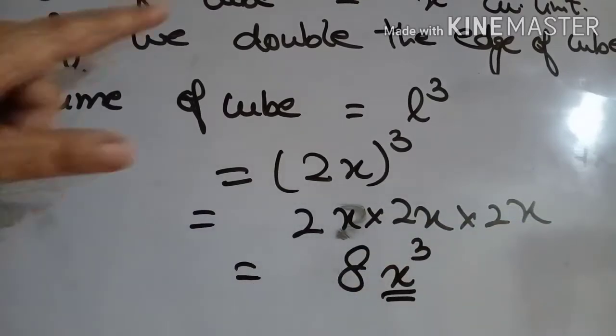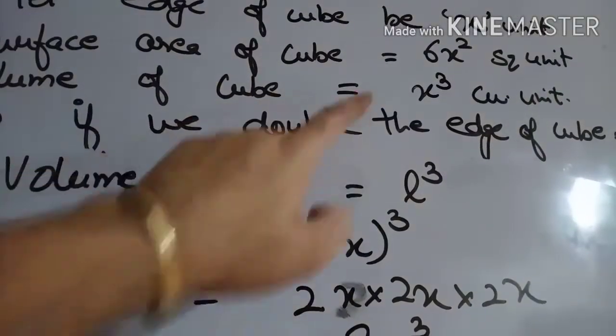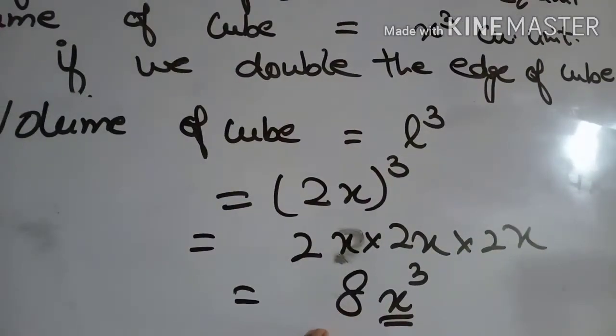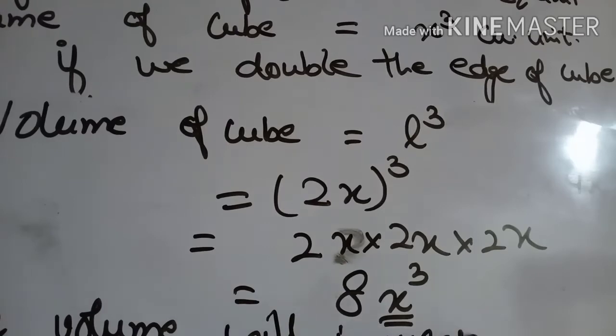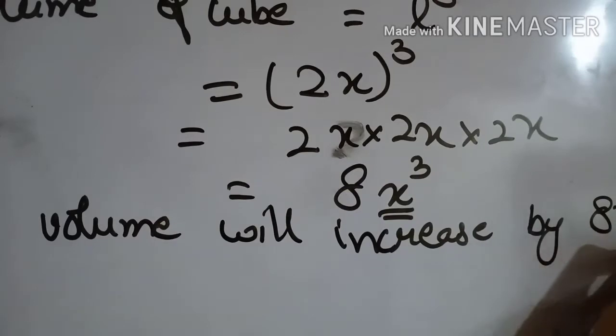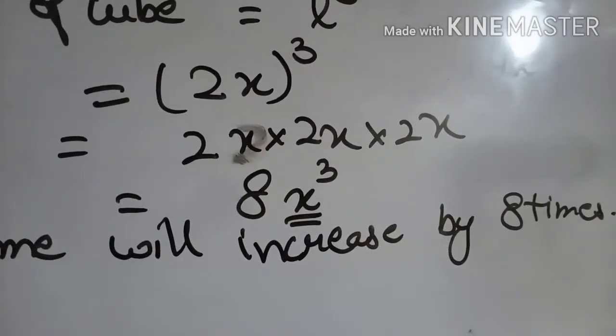And x cube is the volume when we had an edge x. If we double the edge to 2x, we get volume 8x cube. Hence, the volume will increase by 8 times. How many times does it increase? 8 times. And the surface area increases 4 times.